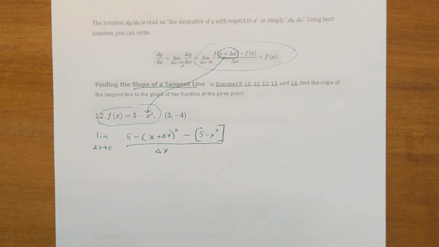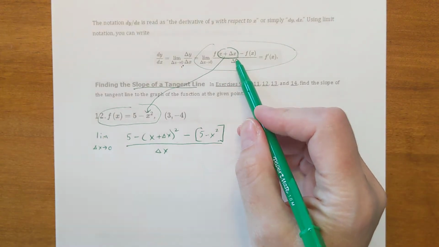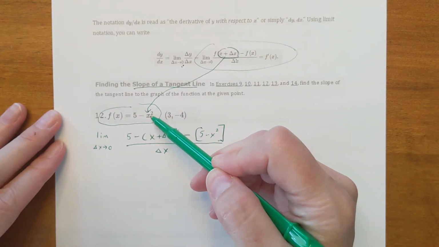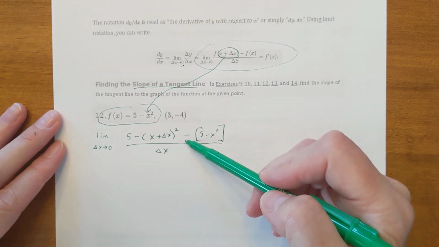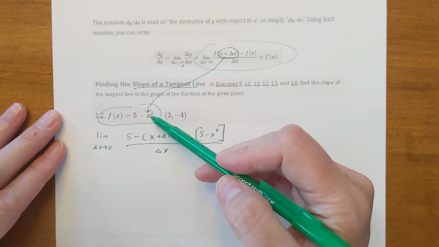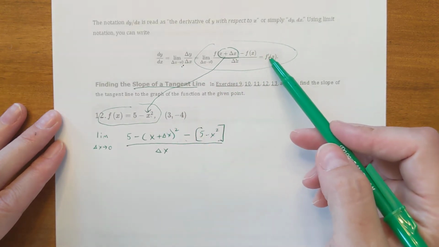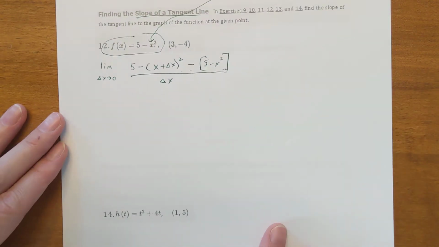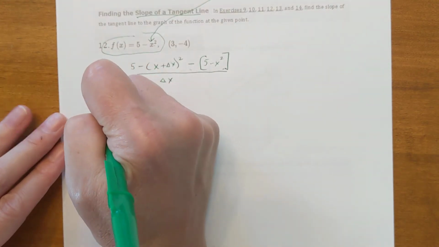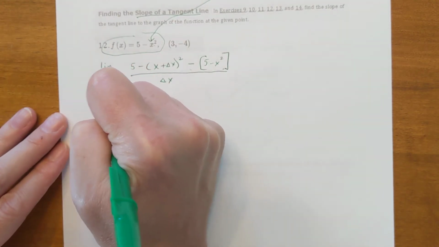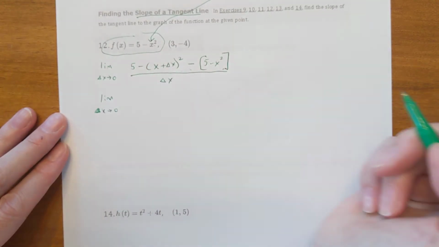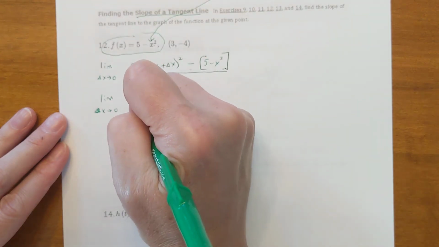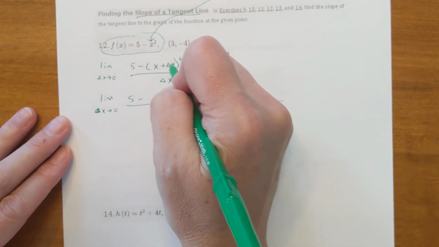So again, all you're doing here is plugging in x plus the change in x whenever there's an x, and then minus what f of x was. And f of x was, again, 5 minus x squared. So the limit, which we're going to drag along each and every time, as the change in x approaches 0, is 5 minus, let's go ahead and FOIL this out.